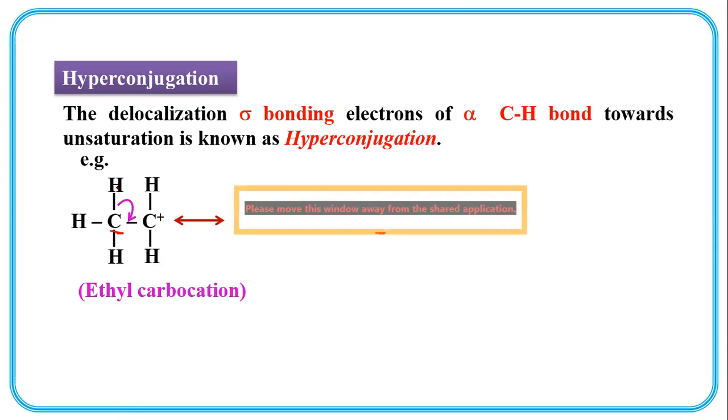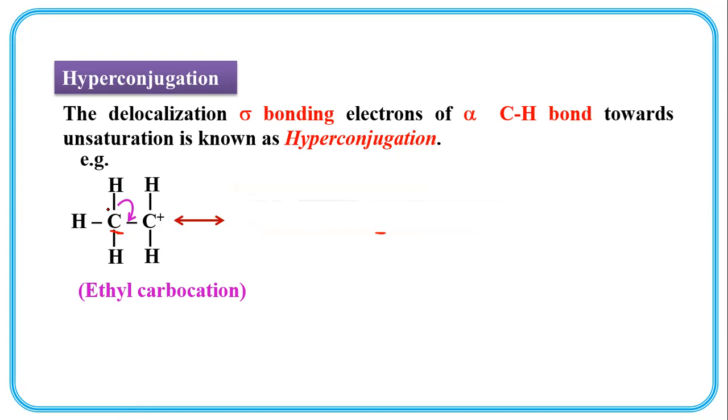This carbon is cationic, and adjacent to it is the alpha carbon, and all these three hydrogens present on this alpha carbon are called alpha hydrogens, or these bonds are alpha C-H bonds.